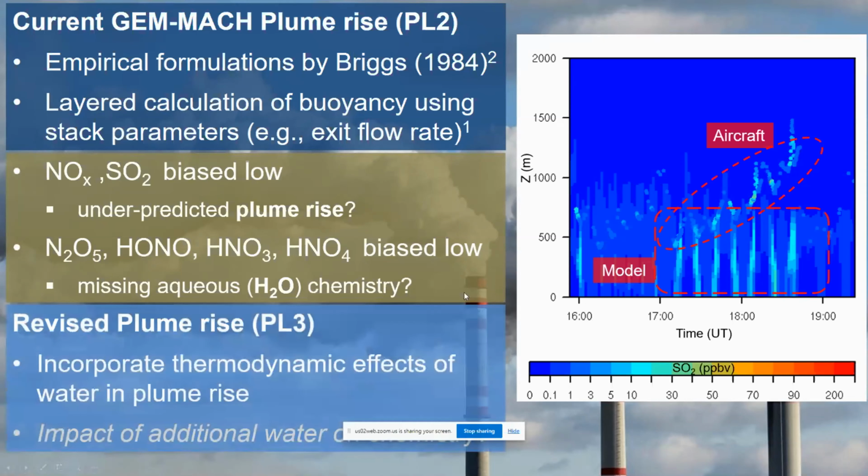So that motivated us to develop a revised plume rise algorithm where we include and incorporate the effects of water vapor in the plumes in our parameterizations. In the current phase of this study, we are focused on the impact on the plume rise, but in the future, we'll also be looking at the impact on the chemistry.